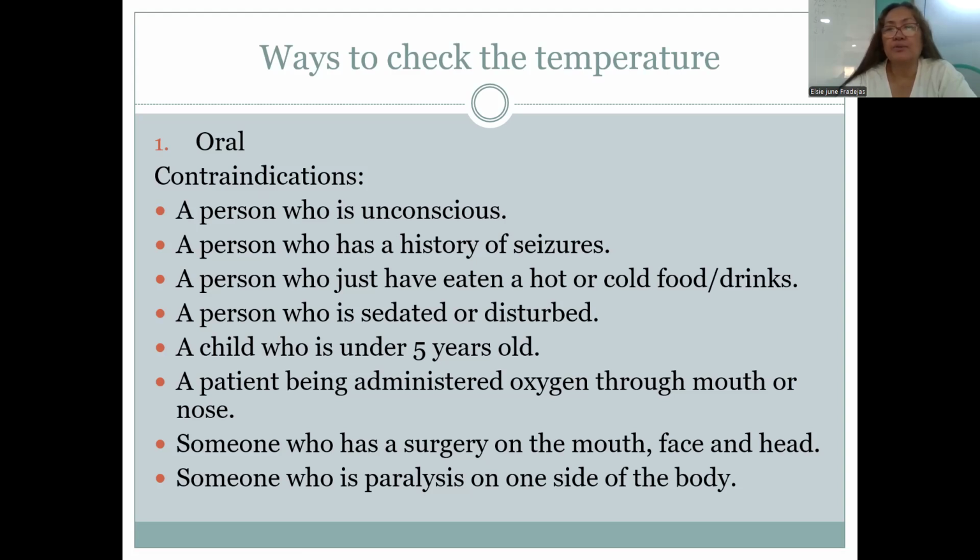A patient who is being administered oxygen through mouth or nose, and someone who has surgery on the mouth and face, and someone who is paralyzed in one side of the body, or we can observe that to a stroke patient. So never use oral thermometer.